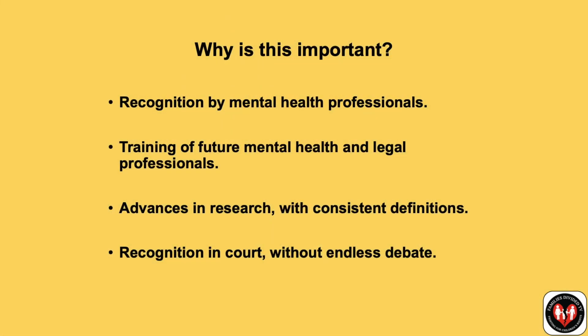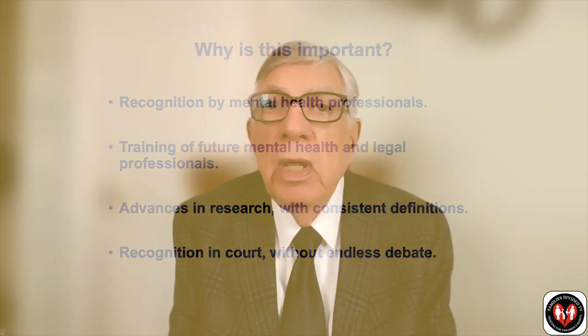First of all, we hope that if PARP is included in the DSM-5, it will be more readily recognized by mental health professionals, especially when they're doing evaluations or interventions or treatments on children and families. In other words, we really want PARP or parental alienation to be recognized sooner rather than later, when it's mild.